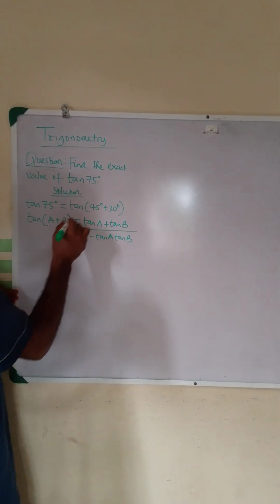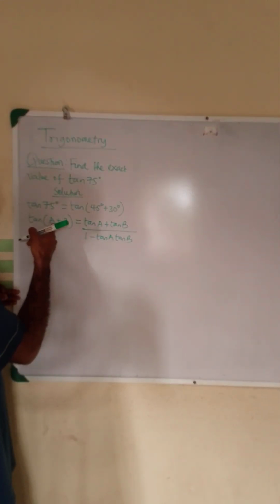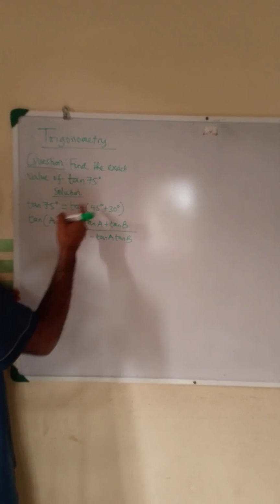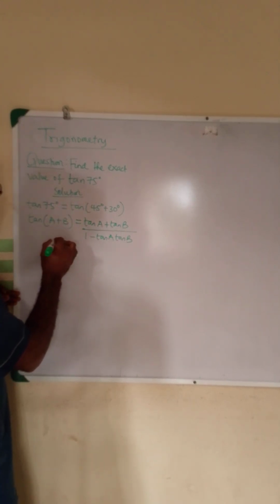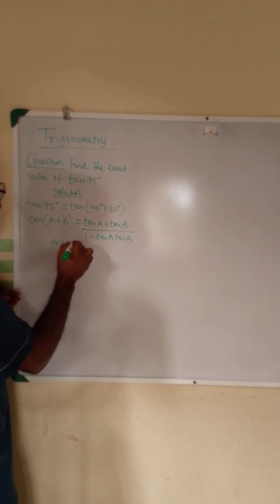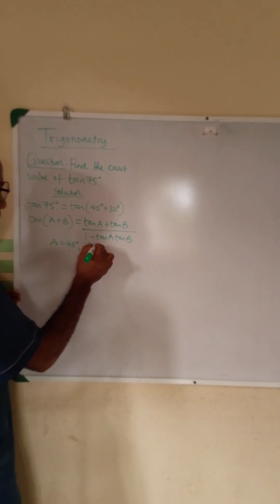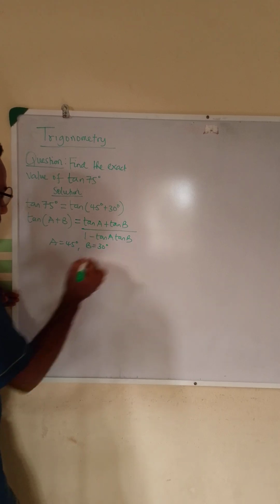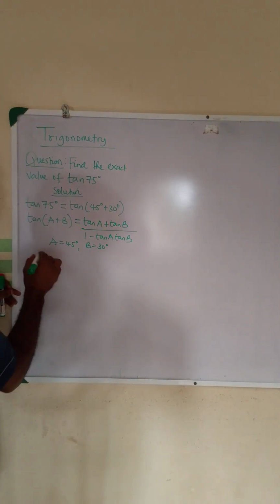Of course, you know that from this relationship, if I compare this to this, the value of A is 45 degrees, and the value of B is 30 degrees. So let's substitute that value into this formula.